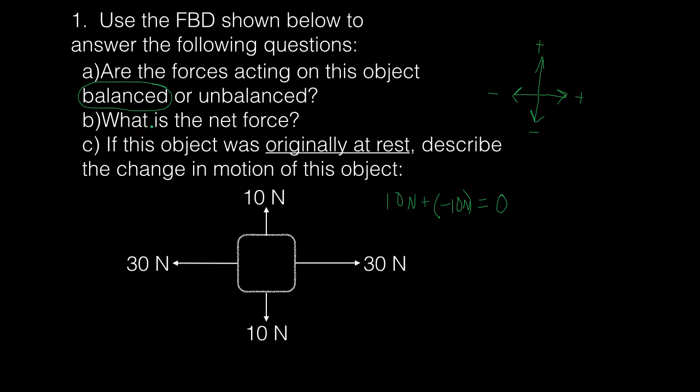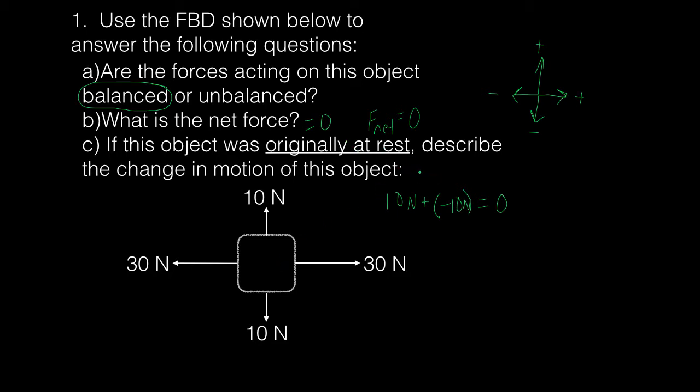Okay, on part B it says, is there a net force? If the forces are balanced, the net force is equal to 0. And you'll see it written like this, force net is equal to 0. And part C, if the object was originally at rest, describe the change in motion of this object. If this object was already at rest and now all the forces acting on it are balanced and they add up to 0, then it's going to remain at rest.